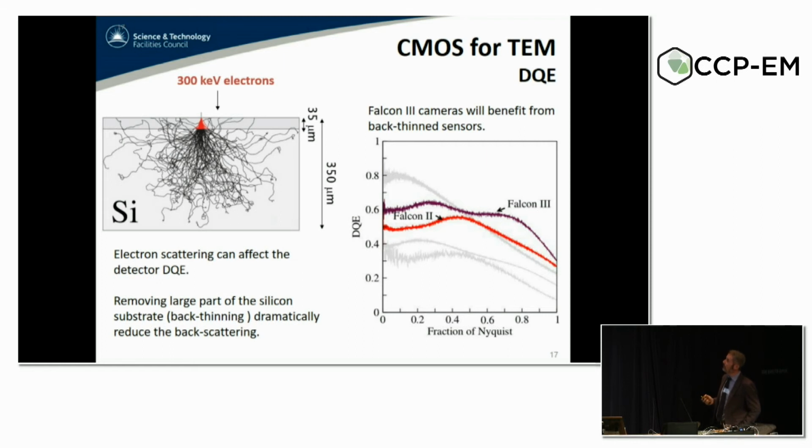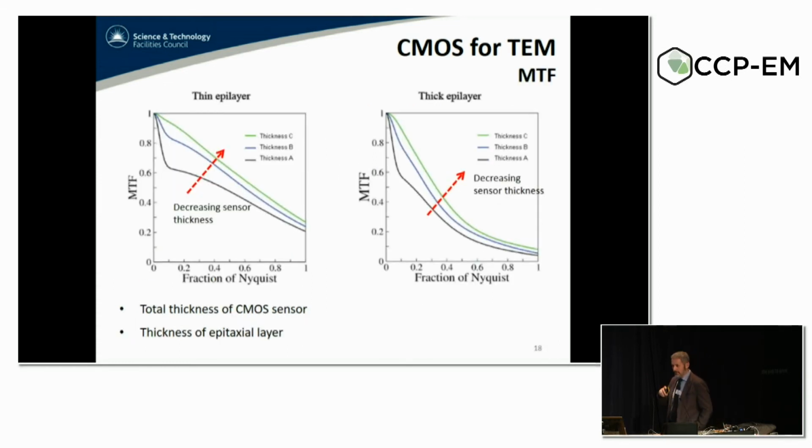And this is also proved by the fact that the DQE between the FEI Falcon 2 and the FEI Falcon 3, which is much more heavily back thinned, you can see the difference in performance. You can see the difference in DQE. And the improvements are also for more, let's say, optical performance, like the MTF.